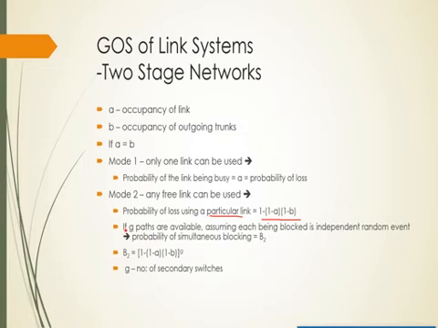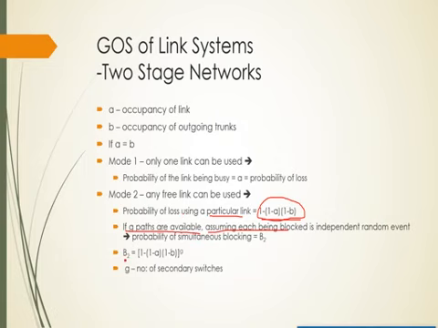Now since there are G links available, that is G paths available, then the probability of blocking of each, if they are independent random events, gives us the overall grade of service for the two-stage network. Since they are independent random events, it will be equivalent to multiplying the probability of loss of each link G number of times.